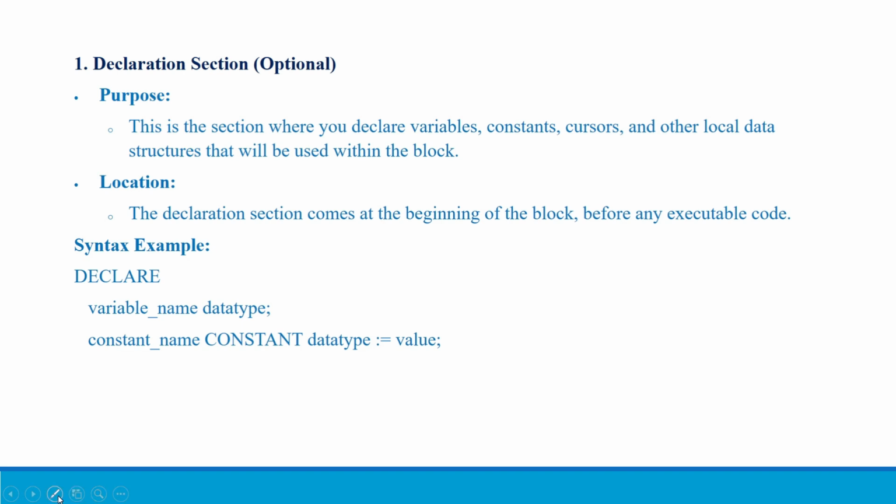First we have the declaration section. The purpose of this section is to declare variables. We can declare our variables, constants, cursors and any other local structure within this block.